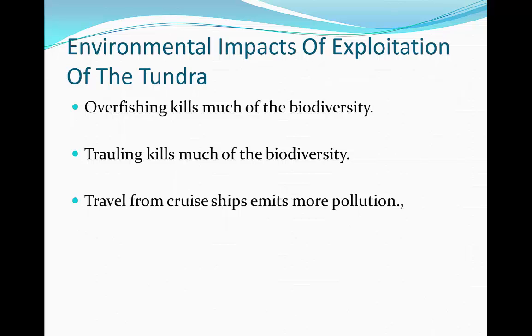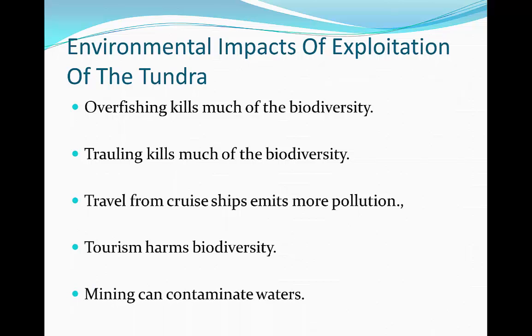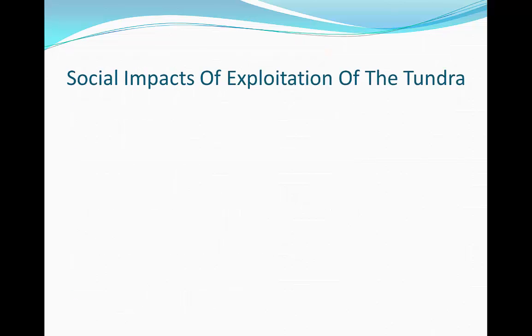Also, travel from cruise ships emits pollution which can damage the area, and it can also affect the greenhouse effect. Tourism also harms biodiversity when people head there, and mining can contaminate waters, which as a result can also harm biodiversity. Now, most of the environmental impacts to do with the exploitation of resources due to the TransAlaskan Pipeline and also exploitation in general is mainly focused around biodiversity.